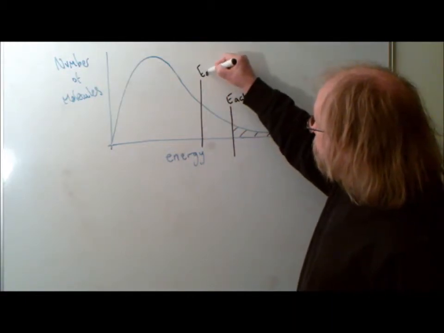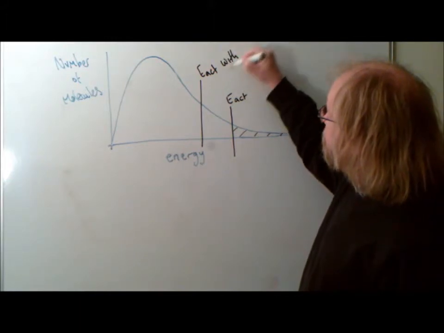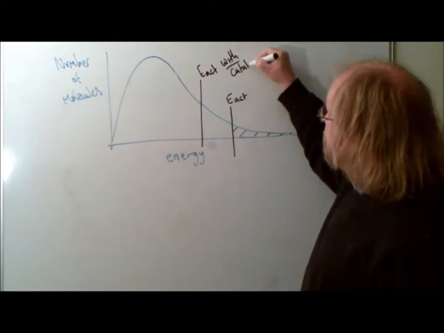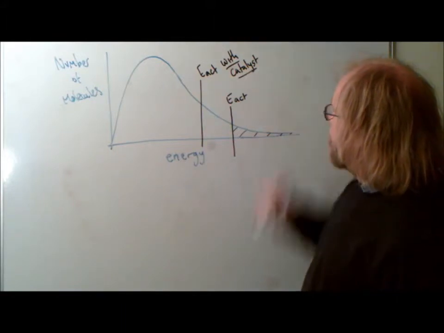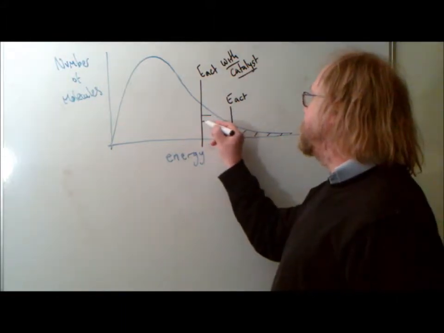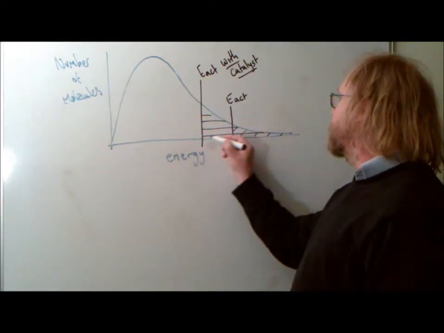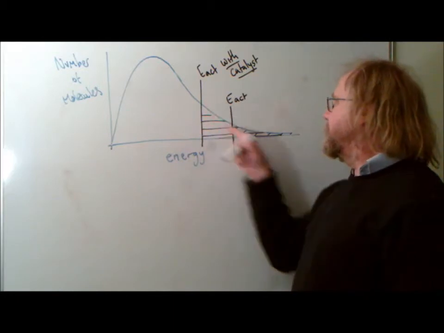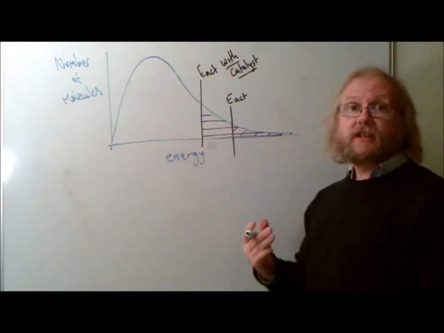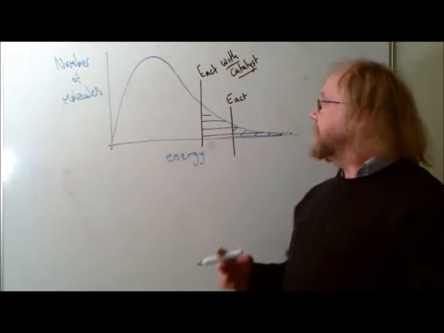So on your diagram you label, this is the new activation energy with the catalyst, and it's at a lower value. And you can see the consequence of that is that you now have this much bigger area representing a much bigger population with enough energy to react when they collide.